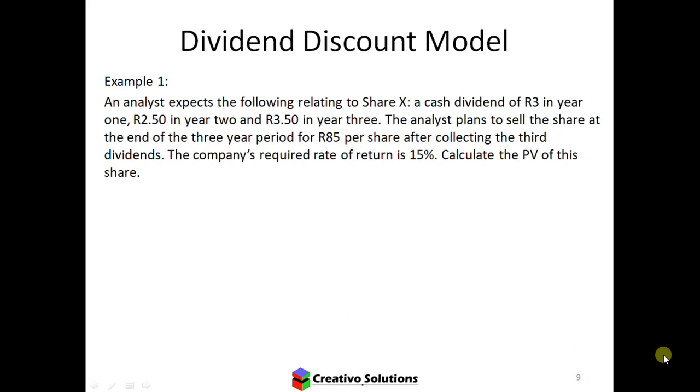So just remember that when looking at the required rate of return, that required rate of return would have been calculated taking risk into consideration in order to get some sort of measure of what is required as a return from a particular asset. So if we're looking specifically at time value of money calculations, always remember that we're focusing on present value. We're trying to determine what the value is based on those expectations.